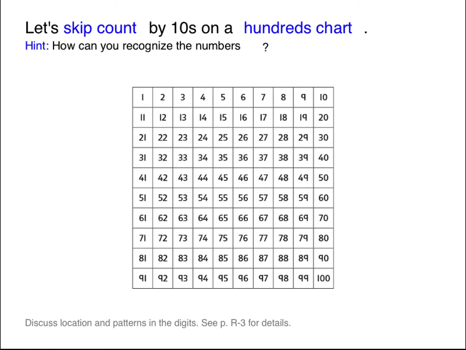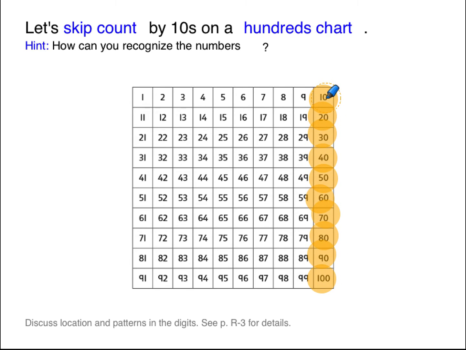So just like Joelle already did, let's count by tens. So you have to start with 10. You know it ends with a 0, so it's over here. 10, 20, 30, 40, 50, 60, 70, 80, 90, 100. So you should see some patterns. Since we went down, you know that they all end with a 0.